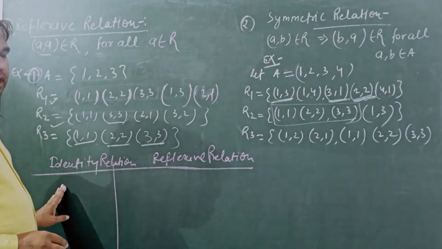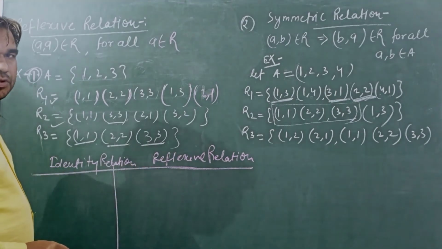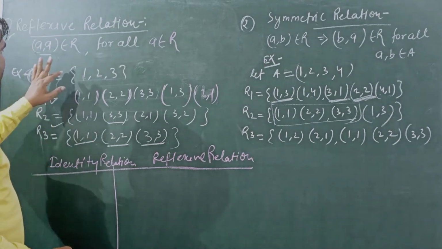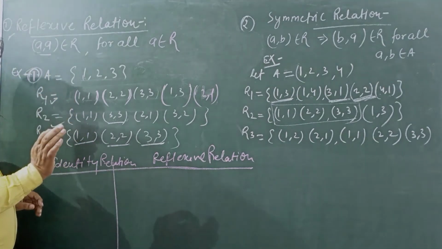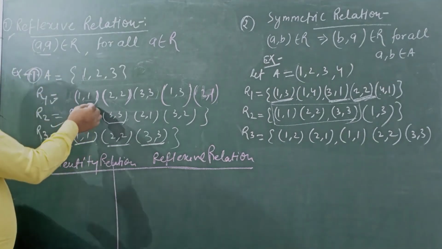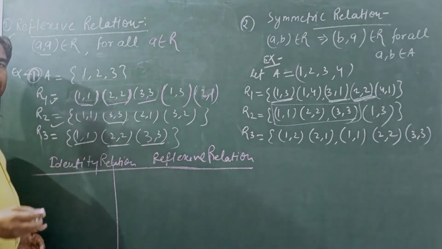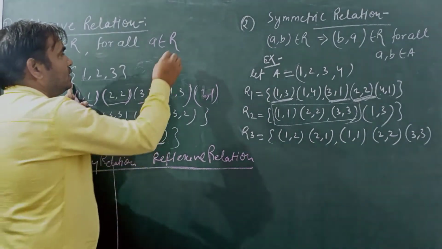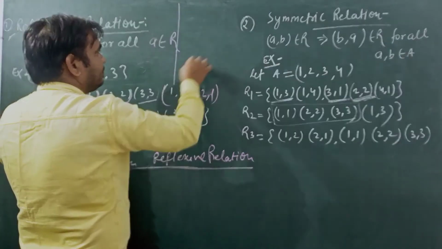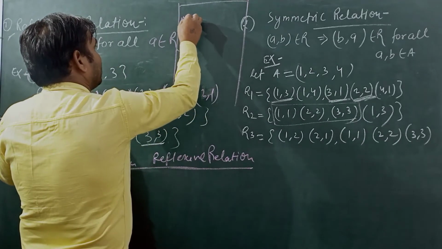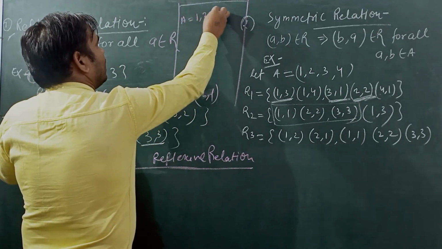For identity relation, the condition is (1,1), (2,2) and (3,3). Let me see it here as the set given, A equal to {1, 2, 3}.